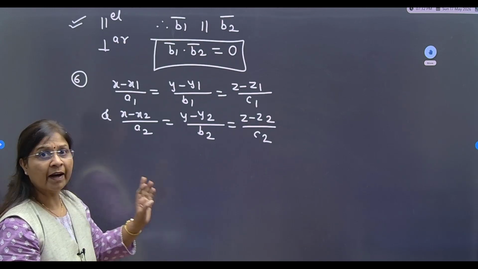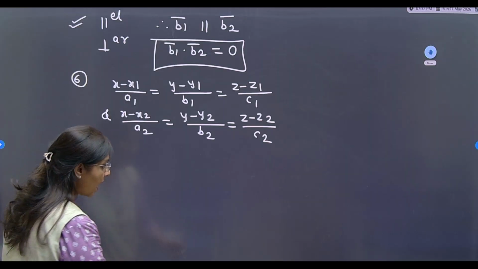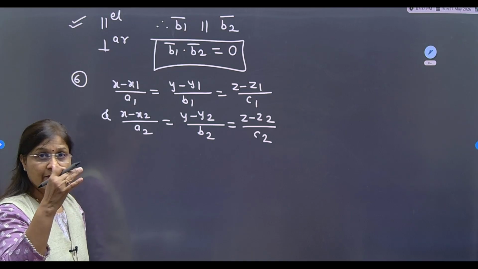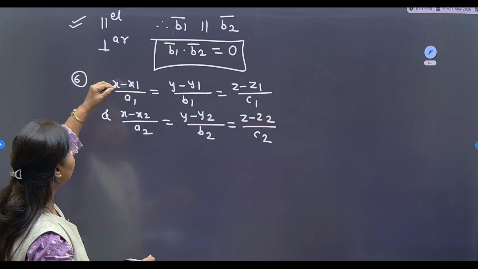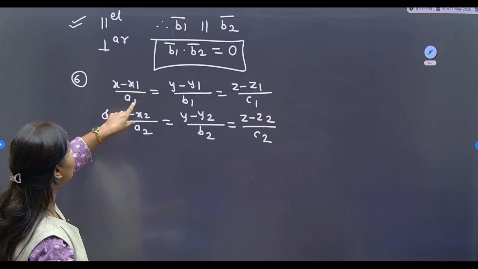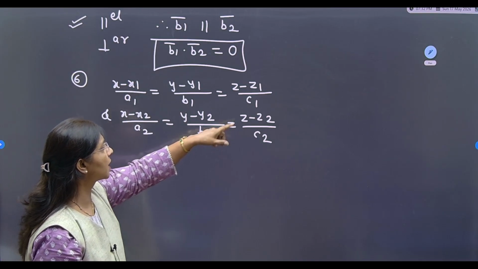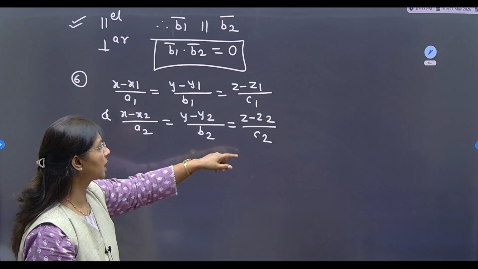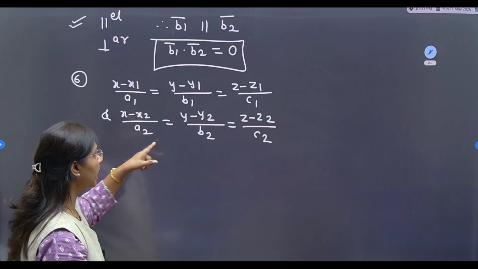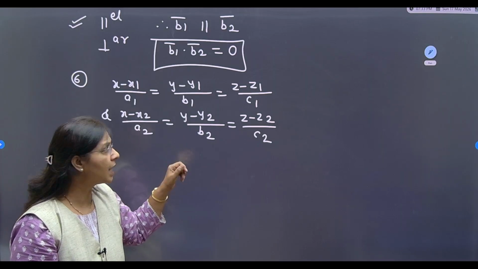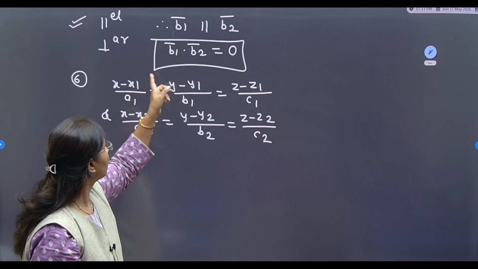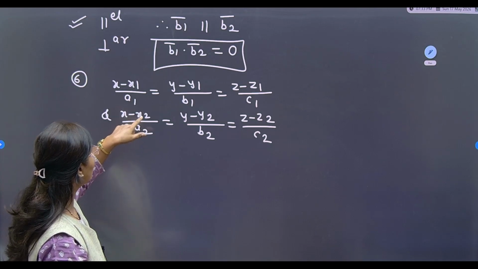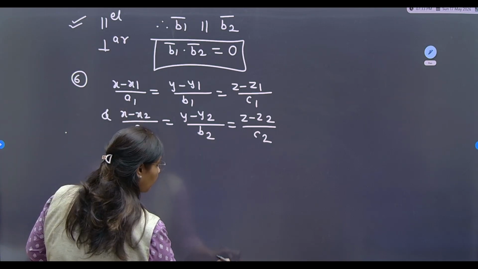The question is to find the angle between the two lines. The angle between two lines is the angle between the vectors b1 bar and b2 bar, where b1 bar equals a1 i cap plus b1 j cap plus c1 k cap, and b2 bar equals a2 i cap plus b2 j cap plus c2 k cap. These are called direction ratios of a line. The first line passes through the point x1 y1 z1, and the second line passes through x2 y2 z2.